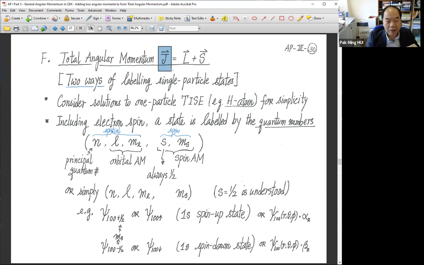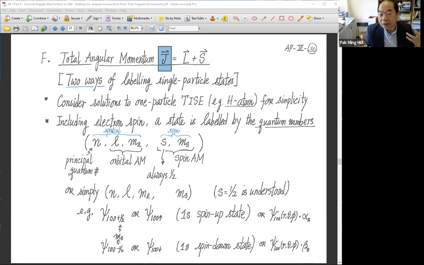Here we will first discuss the rule to add them. We are not going to prove the rule because proving it is a much harder thing to do. That has to do with a chapter called addition of angular momentum in quantum mechanics. That is quite abstract and not easy. I would not say it is difficult, but it is not easy. You will do that in the next course in quantum mechanics.